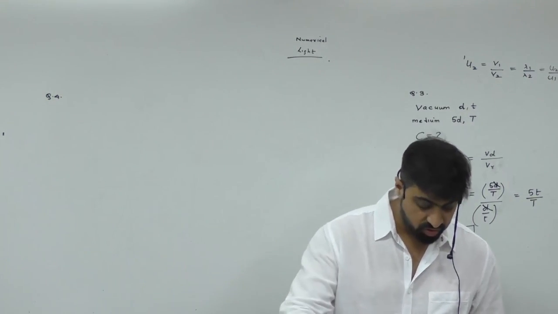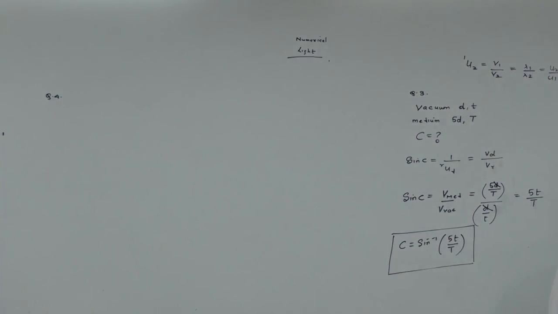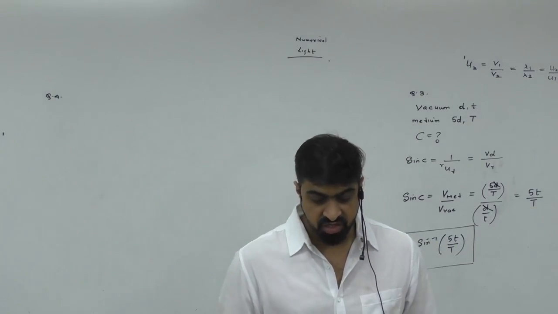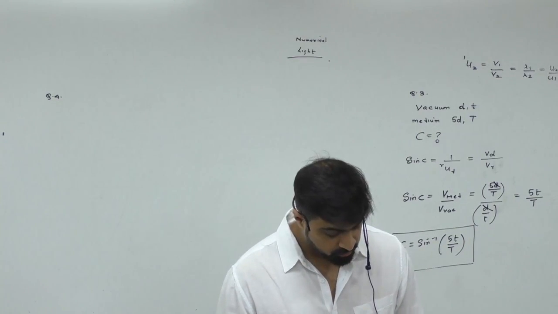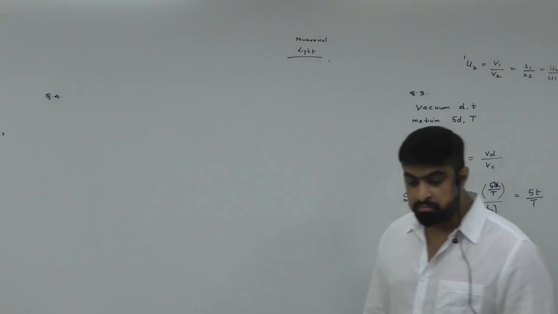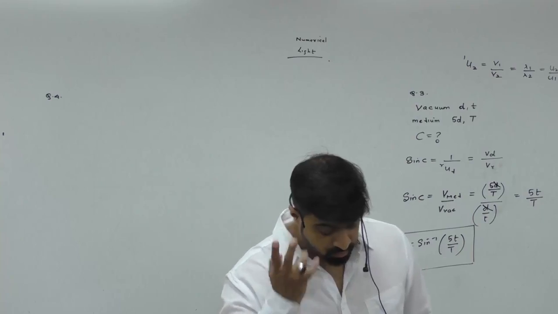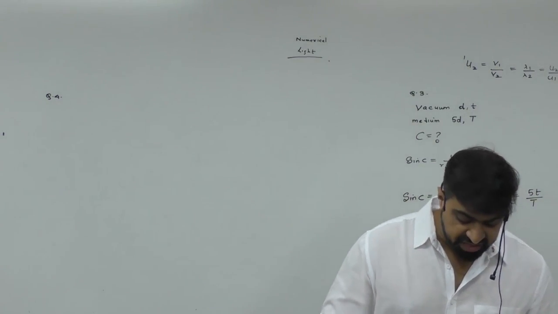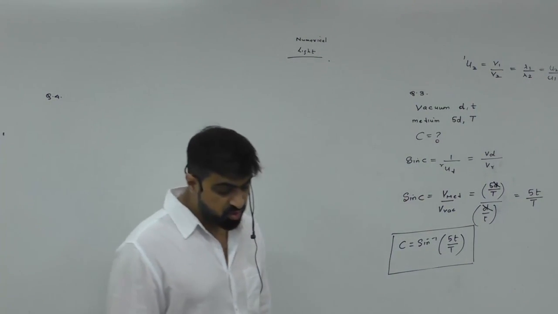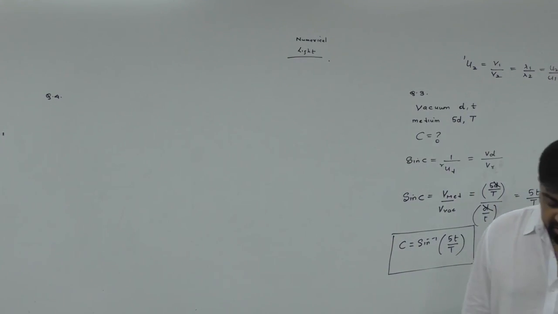Okay. Question number 4. ये question लिखिए, important है. Number of waves in 7.5 cm in vacuum is same as number of waves in 5 cm length of a medium.